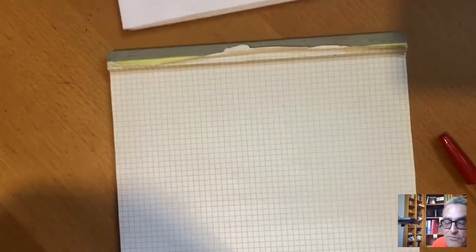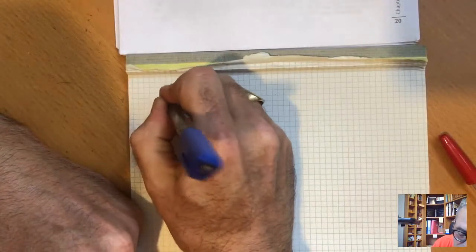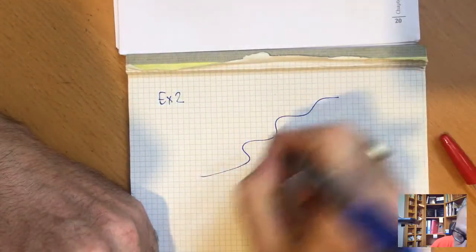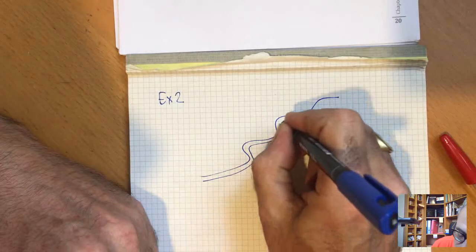Exercise 2 is about 2 cars racing up a mountain pass. Okay, so this is exercise 2. We have a road which goes up to a mountain pass.